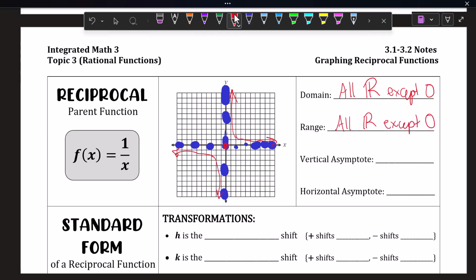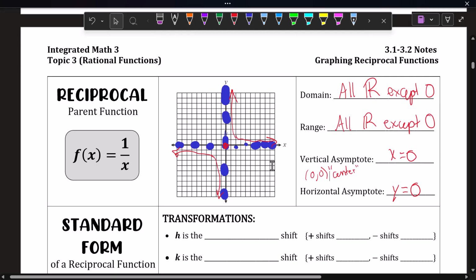There's a horizontal line, the x-axis, that we also can't cross. So our vertical asymptote is x equals 0. Our horizontal asymptote is y equals 0. So that kind of gives us a center of 0, 0, although it's not really the center. It's kind of where the asymptotes wrap around, though.